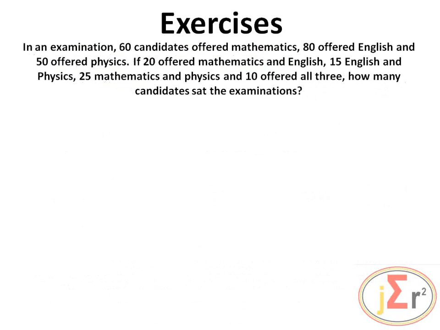If we have another problem, in an examination, 60 candidates offered mathematics, 80 offered English, and 50 offered physics. If 20 offered mathematics and English, 15 English and physics, 25 mathematics and physics, and 10 offered all three, how many candidates sat the examinations? So we are going to write the problem in a short and symbolic form.